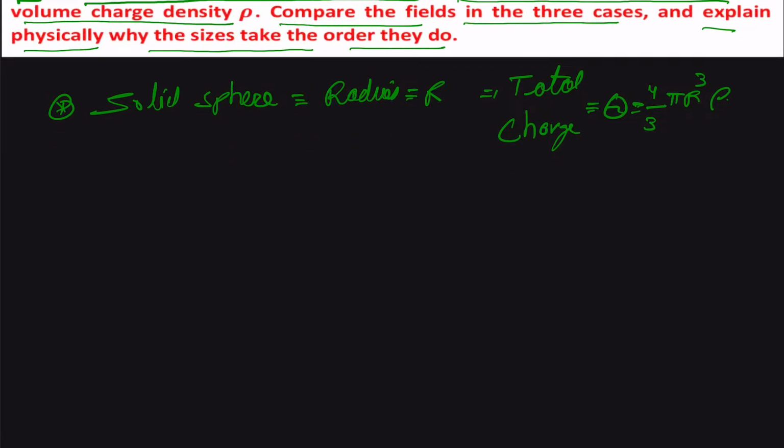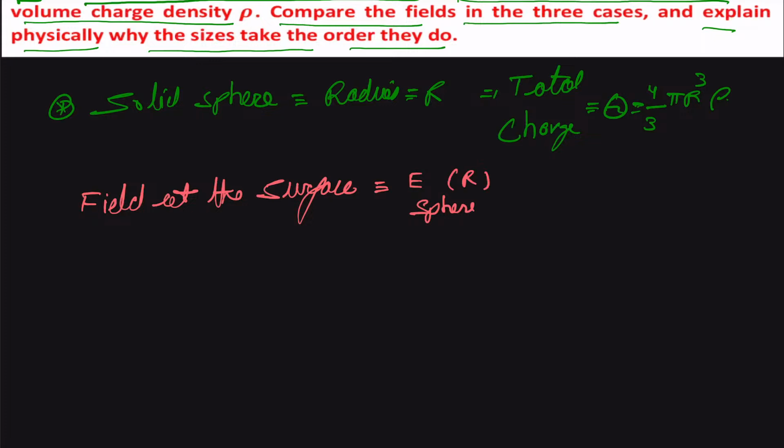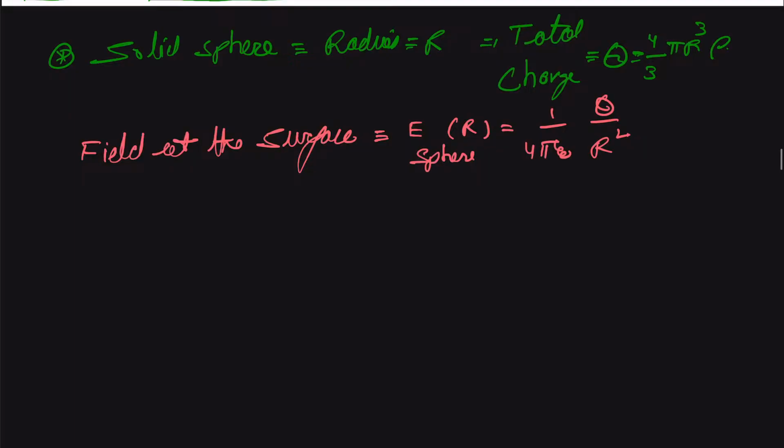And the electric field at the surface we can easily find out. Let us call this E sphere at a distance r, which is the surface. It will be equal to 1 upon 4 pi epsilon naught, q upon r square, and we substitute the value of q.